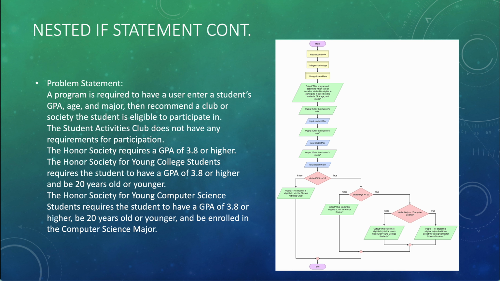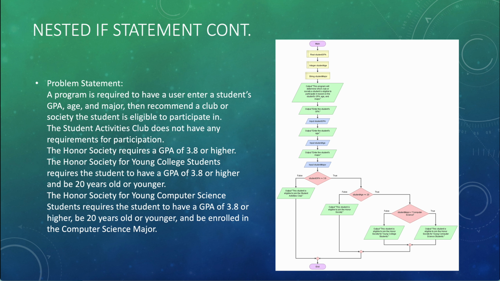So in this case, we have a program that is required to have a user enter a student's GPA, age, and major, and then recommend a club or society that the student is eligible to participate in. So we have a few different options here. The Honor Society requires a GPA of 3.8 or higher.